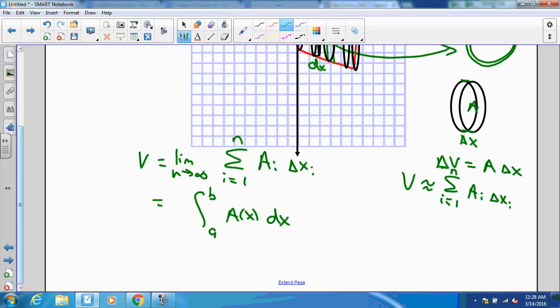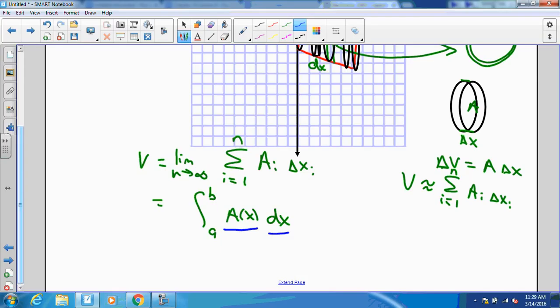So let's make sure we're reading this correctly, and then we'll actually come back and compute. Okay? So what this is saying is that my volume is going to be the sum, or the adding up, of area times thickness at each point x along the curve.